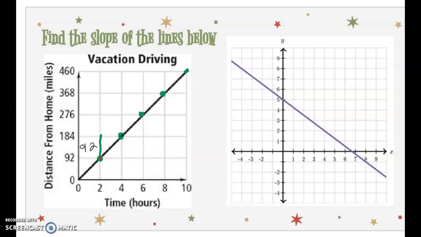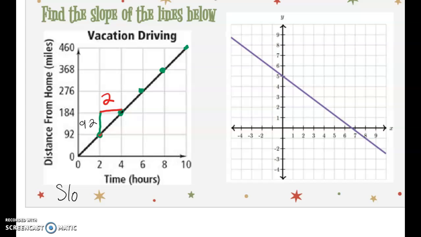So I have 92 for my rise. And my run from 2 to 4 hours is how much? 2. So now my slope is going to be 92, because remember, rise over run, over 2. Now, can this be smaller?